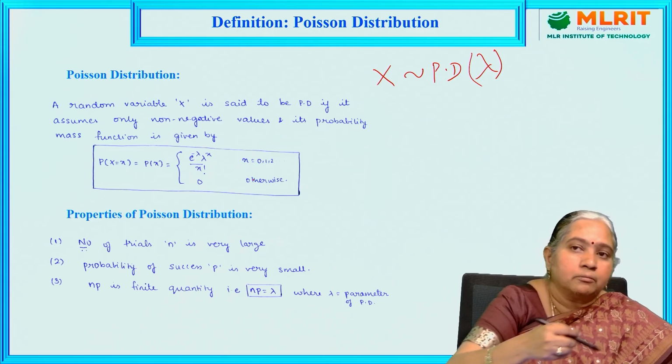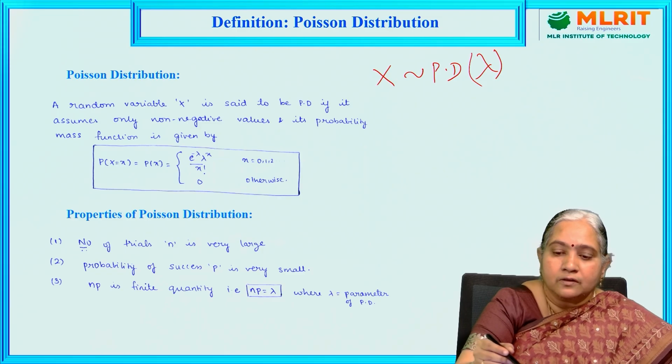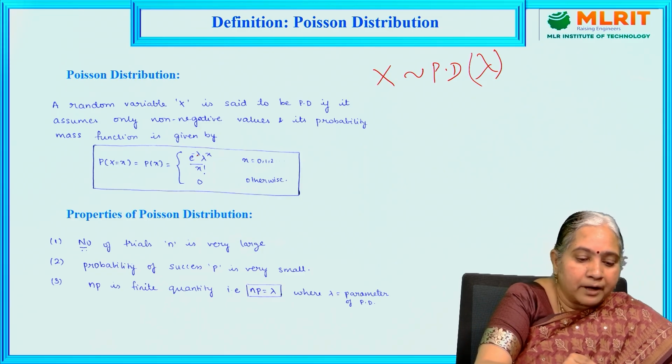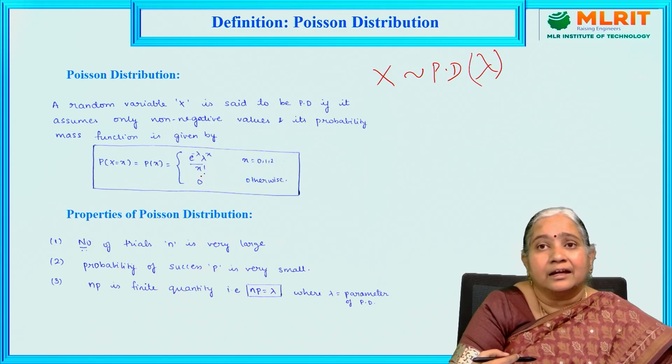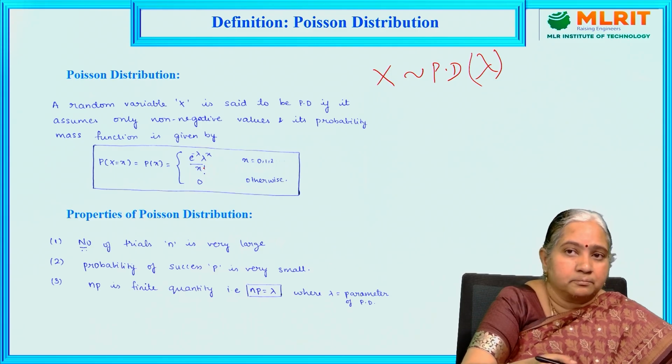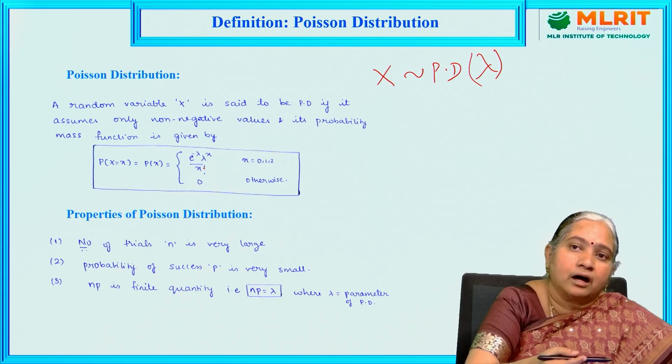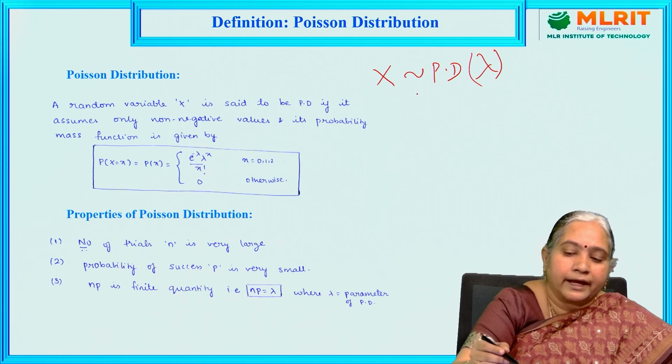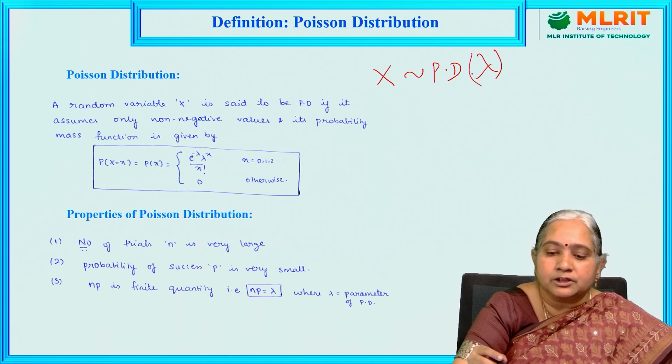We apply Poisson distribution, where x is the number of successes in that random experiment or any situation, which we can define as a random experiment. So x follows a Poisson distribution with the parameter lambda.